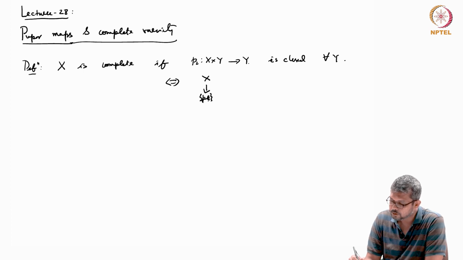You take X cross a point, everything collapses to a point, then this is universally closed.